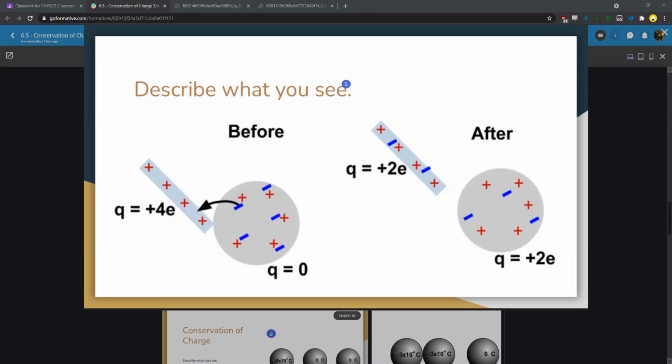They both have an uneven amount of protons in the beginning anyway. I would say the charges balance out. Yeah, the charge is supposed to balance out. A transfer of electrons from a sphere to a positively charged rod due to the force of attraction.